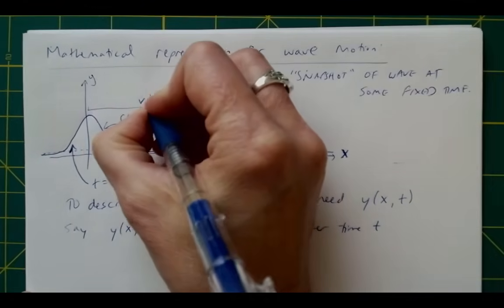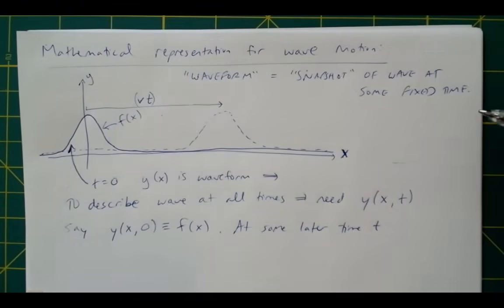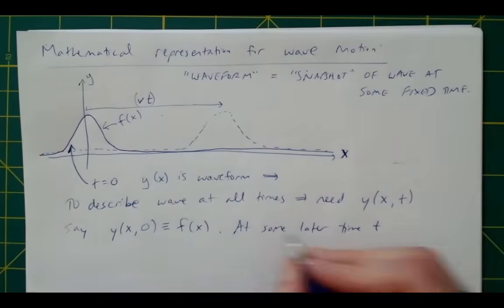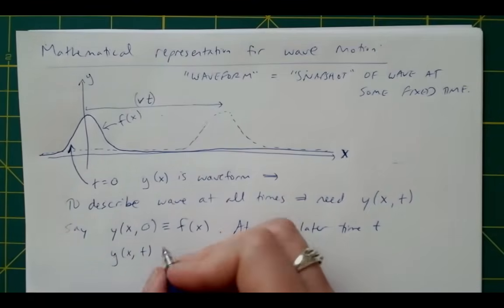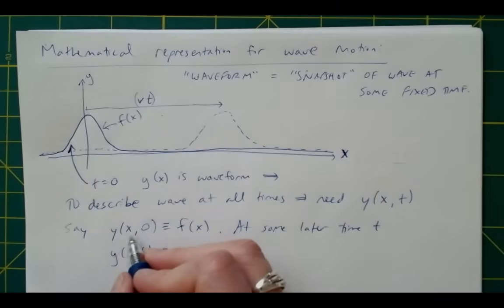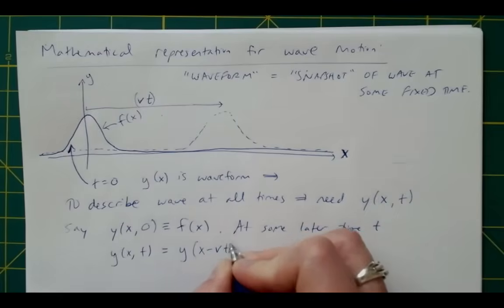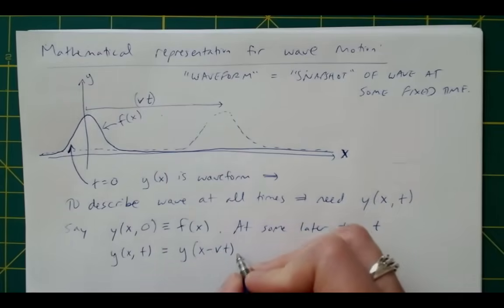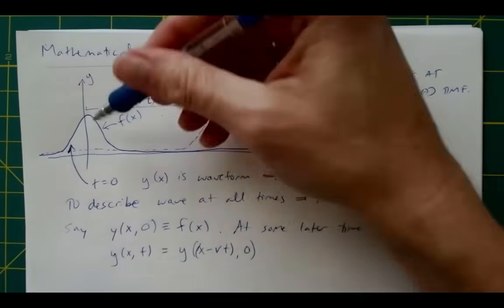So at some later time t, y as a function of x and t is actually going to be equal to f of x minus vt, whatever this f of x is at t equals 0. So it's going to have the same shape.